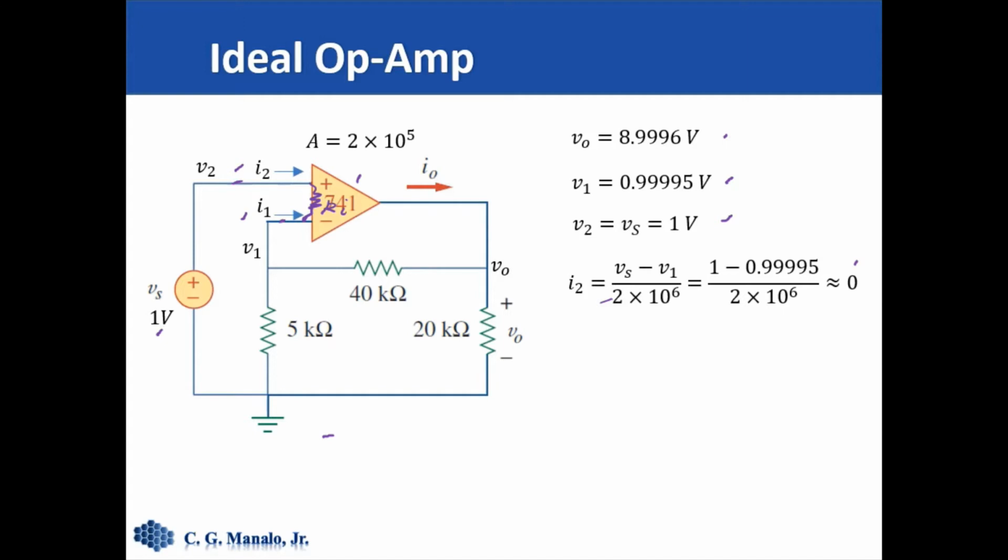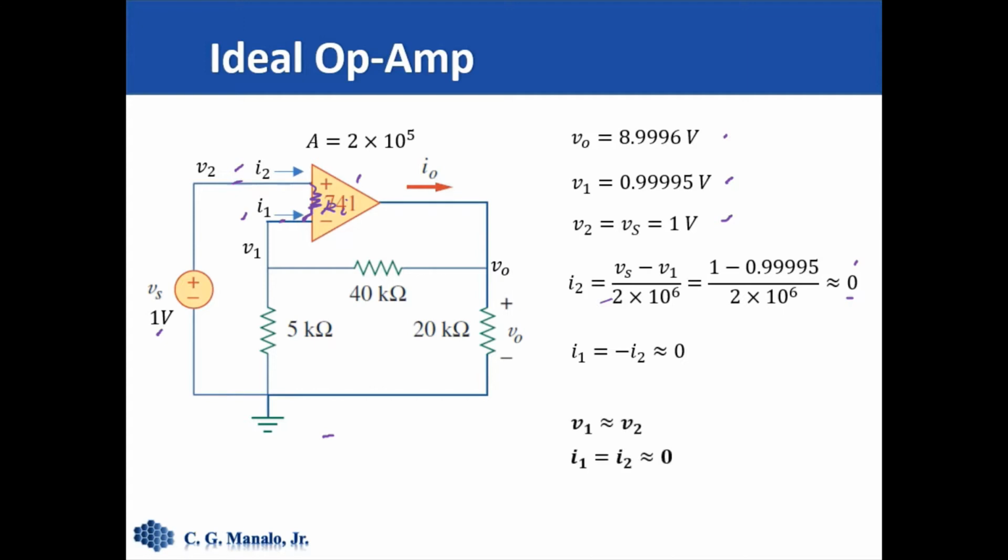So that will yield an answer that is very close to 0. Also, we notice that I sub 1 is the negative of I sub 2, so that makes I sub 1 close to 0 as well.